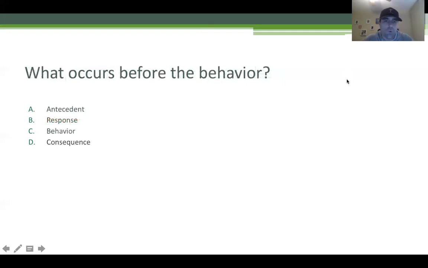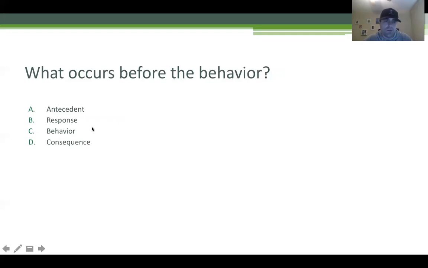What occurs before the behavior? This should be a very easy question for you. You should know this immediately. Is it an antecedent, a response, a behavior, or a consequence? Well, the response is a form of the behavior.